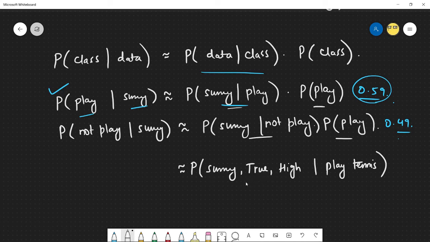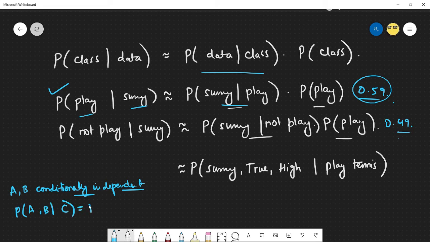Well, we're going to use our conditional probabilities, and I wrote that formula earlier: if A and B are conditionally independent, then the probability of A and B given some C is actually the product of those probabilities, because they're not really dependent on each other. We're assuming that they are independent.